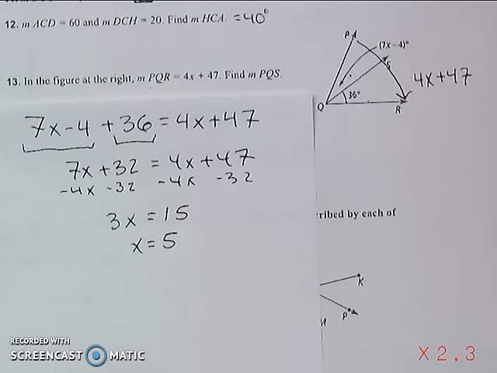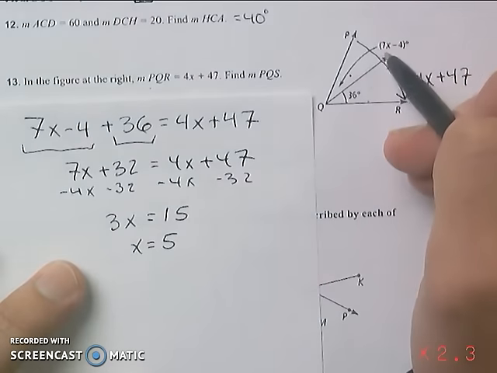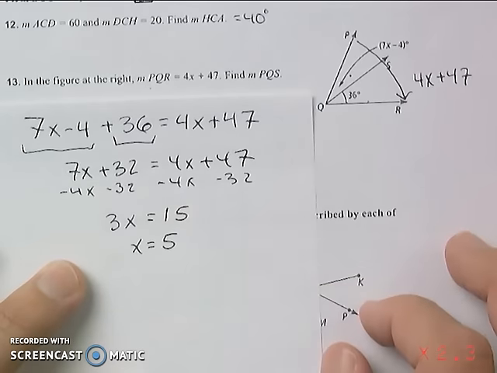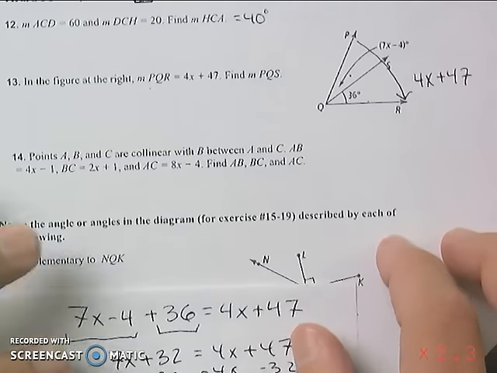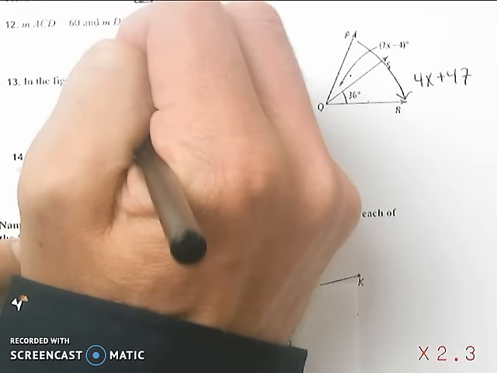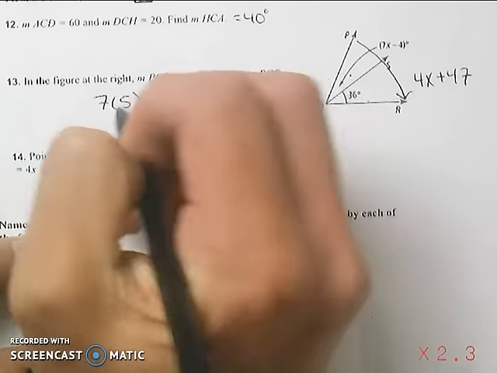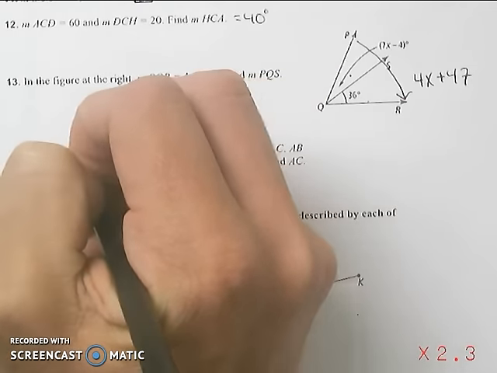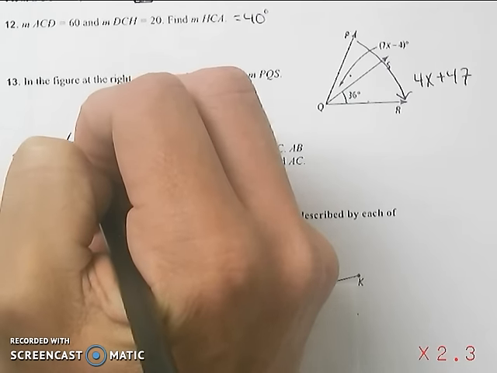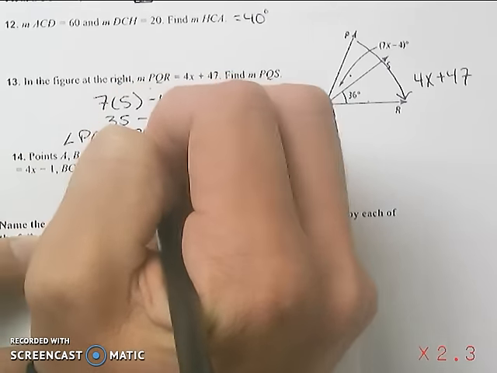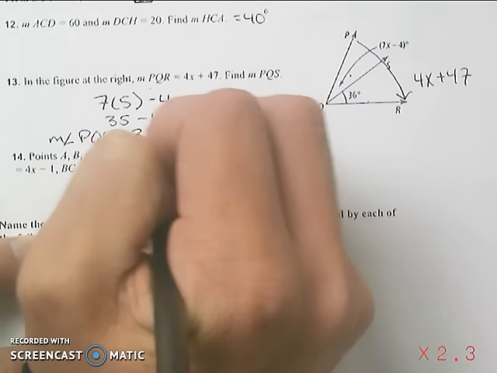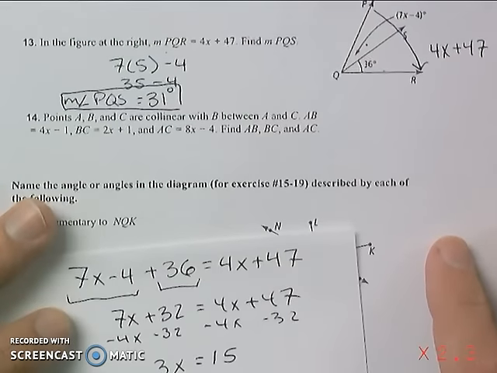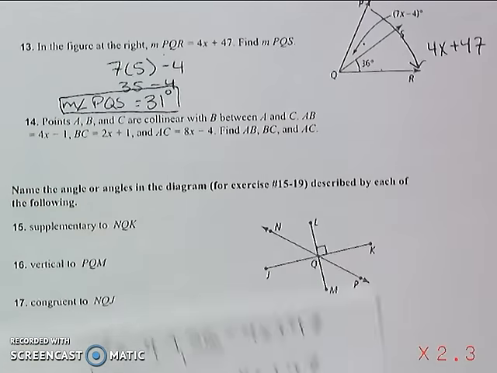Now it wants us to find PQS, so PQS is right in here. Okay, so we have x equals 5. Pause the video if you need to write that down. But then we're going to go ahead and just plug in 5. So this is 35, and we get 31. So the measure of PQS turns out to be 31 once we solve for x.